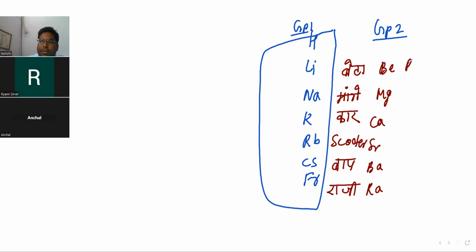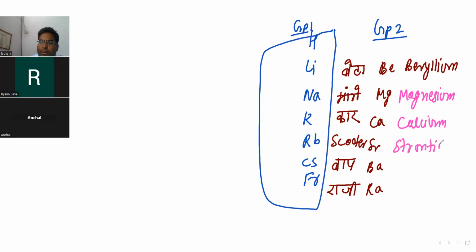Right. So it starts from beryllium, magnesium, calcium, strontium, barium, radium.